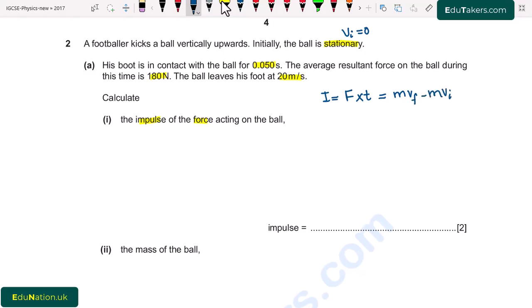But in this data we are given force and time, so I use the first formula that impulse is the product of force and time. So force is given 180 Newton while the time is given 0.050 second. So it will be this. And the value of impulse comes to be 9 Newton second. The unit of impulse is Newton second because force is measured in Newton and time in second. So I write here impulse is equal to 9 Newton second.